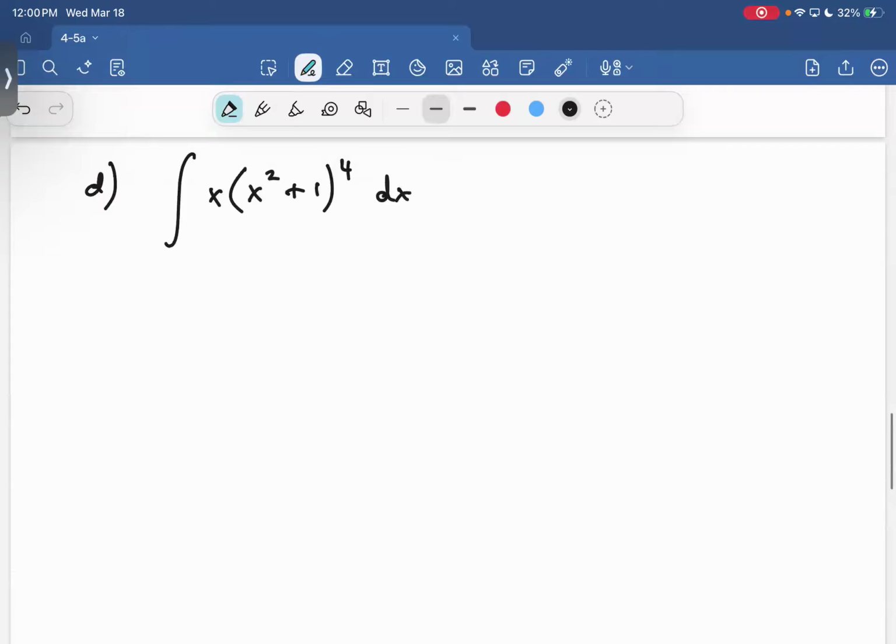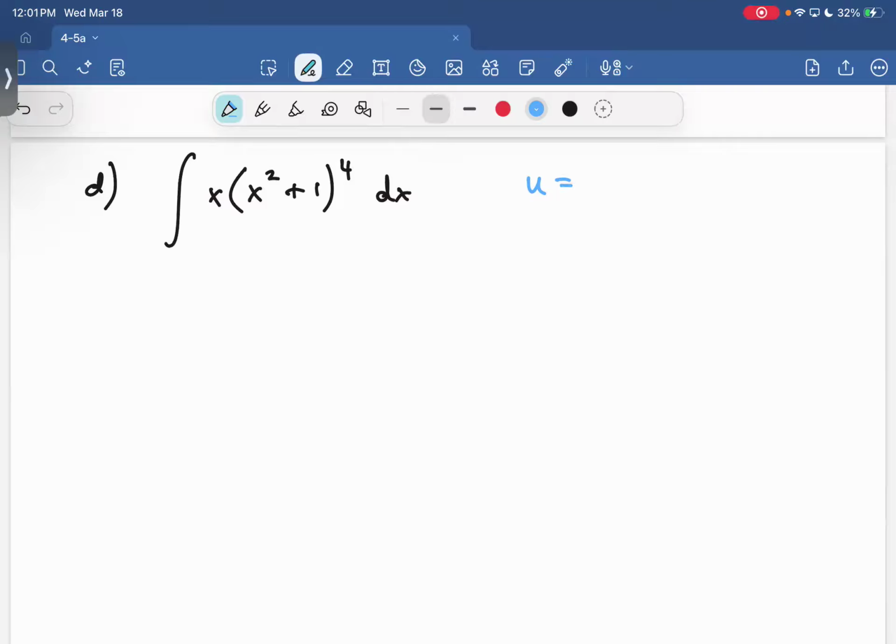So sometimes you want to be very clever in how you choose a u. That's the whole idea. Some u's will not be as helpful as other u's. What you want to do is choose a u such that the derivative of u is also found within the integral, because if you do that, things will cancel out very nicely.